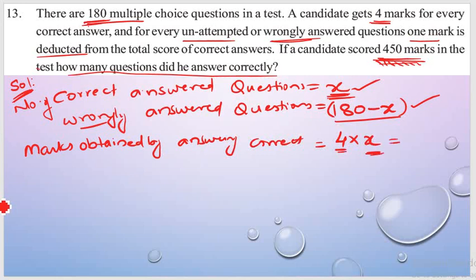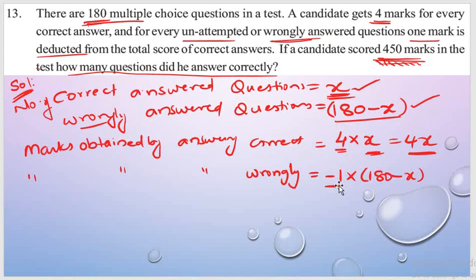So how many questions has he written correctly? x. So it is nothing but 4x marks obtained by answering correctly. Similarly, the marks obtained by answering wrongly. If he has written wrongly, how many marks is he going to get deducted? Which is nothing but minus 1 into 180 minus x.